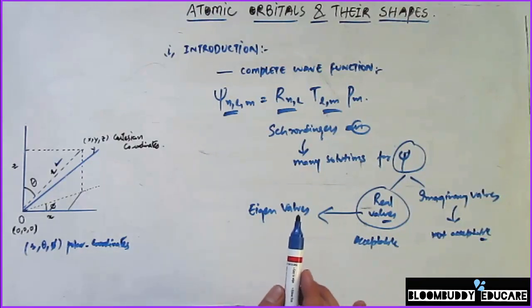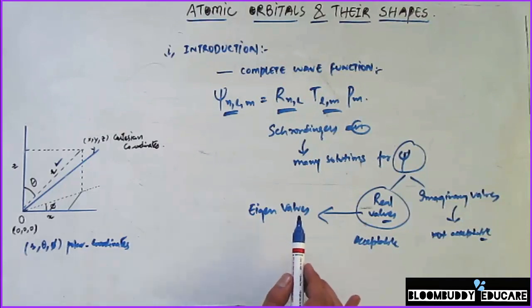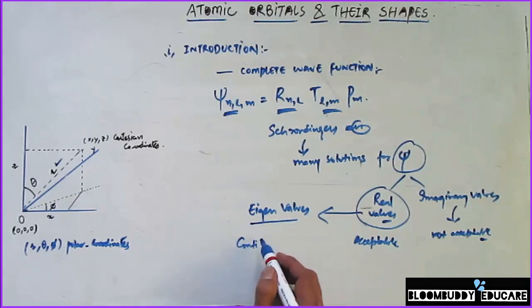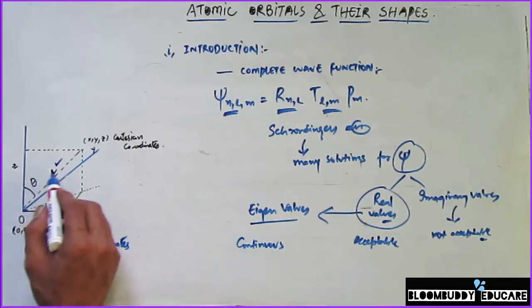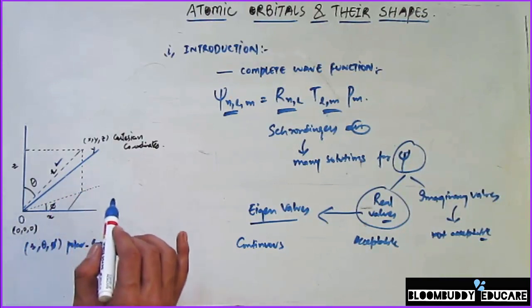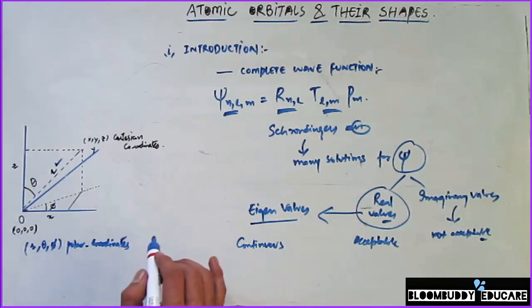One of the important characteristics of this eigen or acceptable wave function is that it always has to be continuous. That means when we plot this value in three-dimensional space, it has to be continuous. There should be no breaks in the continuity, or no breaks in the plot.